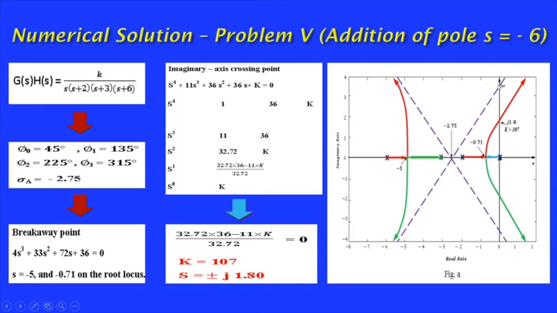That means the system is unstable when K is increased greater than 107.